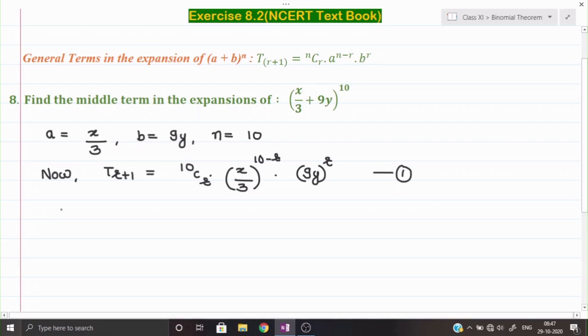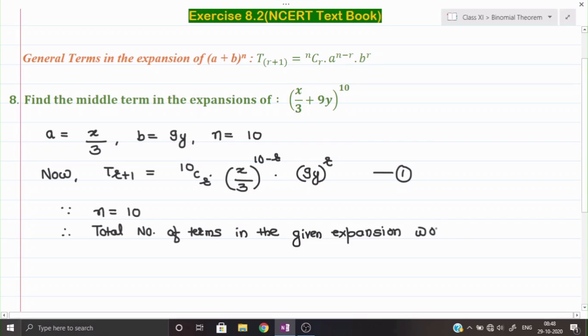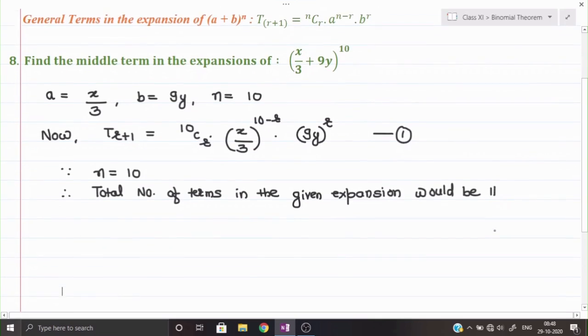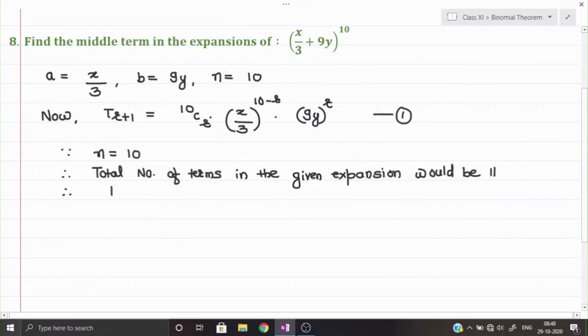Now we'll explain. Since the value of n is 10 here, the total number of terms in the given expansion would be 11, because it is one more than n. Therefore the middle term is the sixth term.